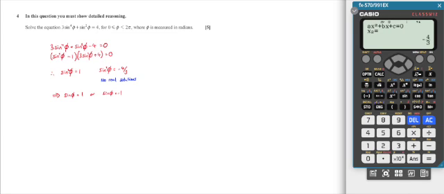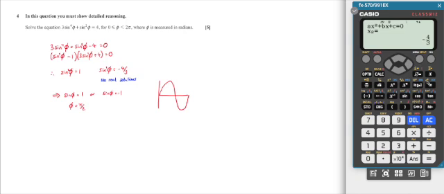Make sure your calculator is in radians. Mine is. You can see I've got the R in the corner. You should know already from the graph of sine that, going between 0 and 2 pi, the only place that you get 1 is at 90 degrees. So from that first one, that's 90 degrees or pi over 2.